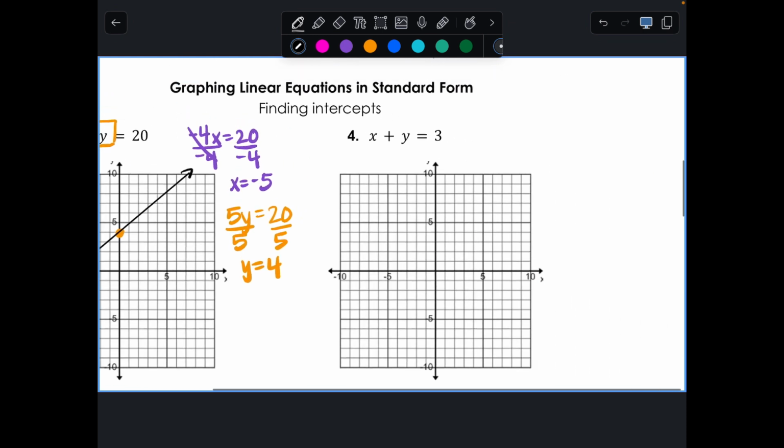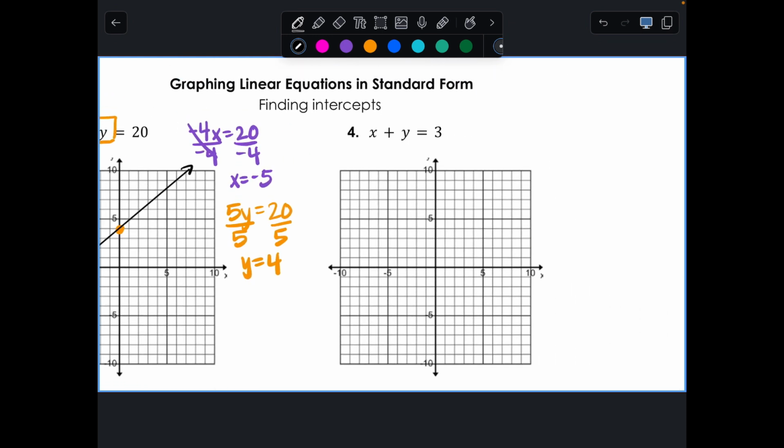Okay, number 4. Let's say that x equals 0, then y would equal 3. So that's my y-intercept. Now let's do the opposite.